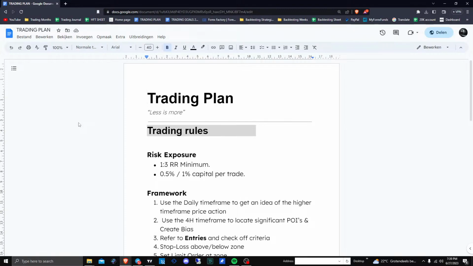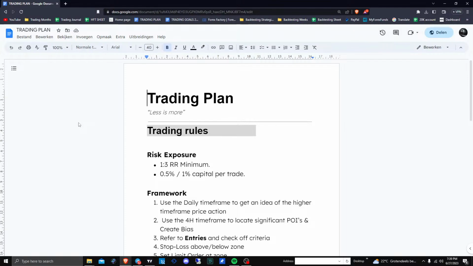Print it out, put it on your desk behind you, and make sure you stick to it. Put rules in it, such as I take 2 or 3 trades a day max, I risk 0.5% per trade max, and I stop after, I don't know, 2 p.m., 3 p.m., whatever. Just create a strict plan and stick to it, and that's honestly the best advice.